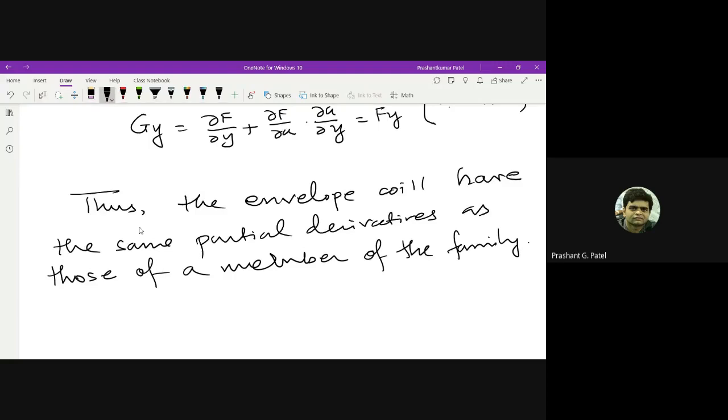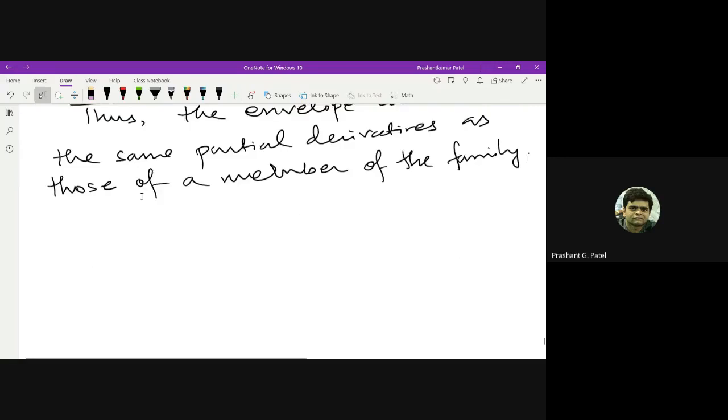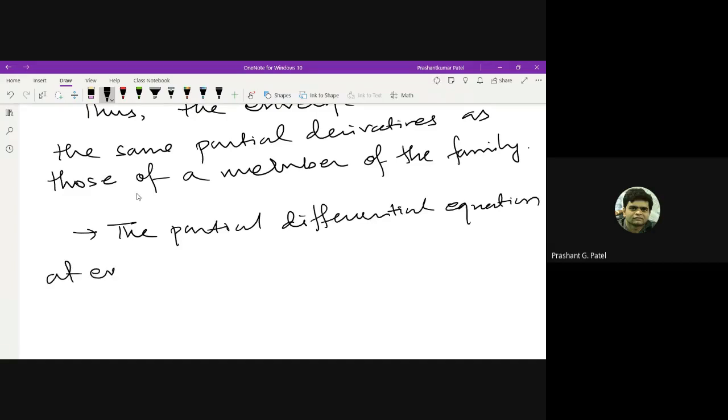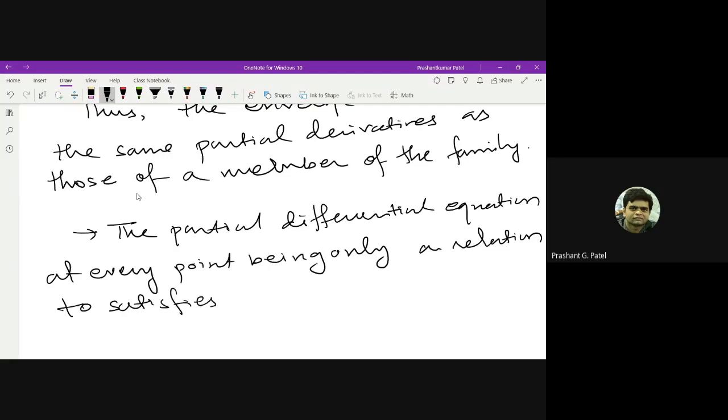They have the same partial derivatives, and the partial differential equation at every point being only a relation that is satisfied between the derivatives, therefore this envelope will satisfy equation number 1, that is f of x, y, z, p, q.